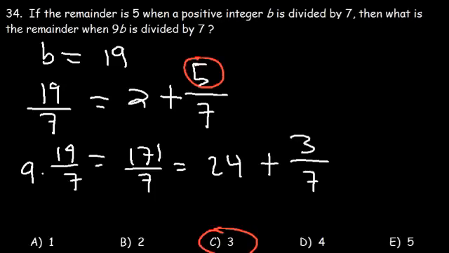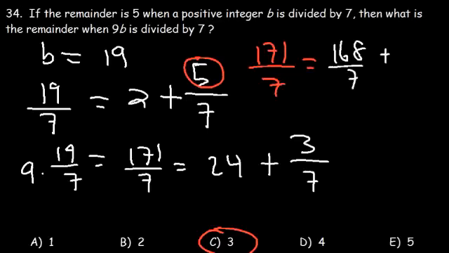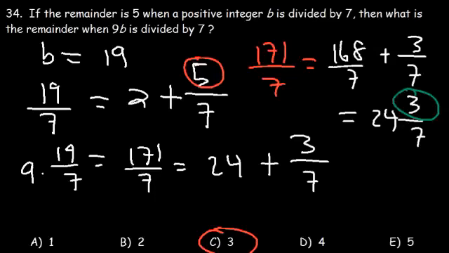So we could have rewritten this like this: 171 is basically 168 over 7 plus 3 over 7. 168 plus 3 is 171, and 168 divided by 7 is 24. So we get 24 and 3/7. You can convert this into a mixed number if you want. But as you can see, the remainder is 3. So therefore, C is the right answer for this problem.